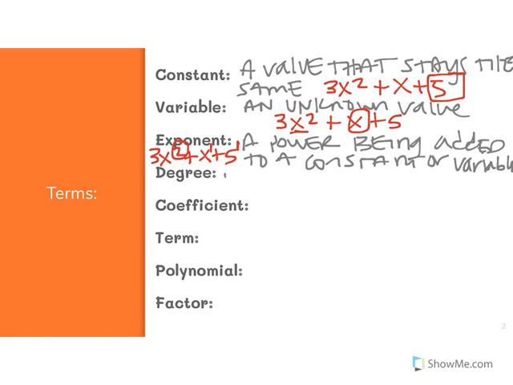So a degree is going to be the highest exponent. So in our example up there, the highest exponent is the 2. And again, the highest exponent in this case would be the 2. So we'd have a degree of 2. A coefficient is the number before a variable.